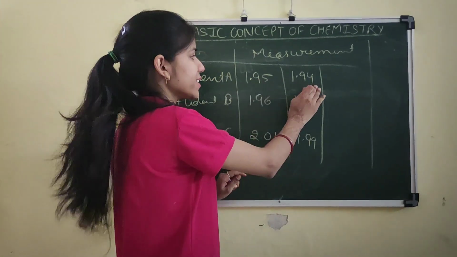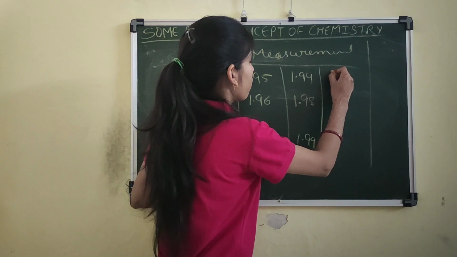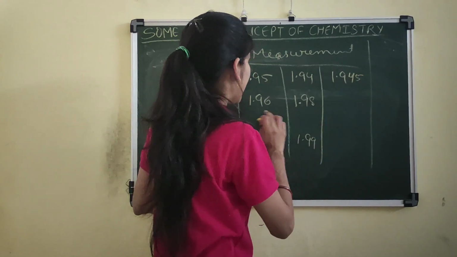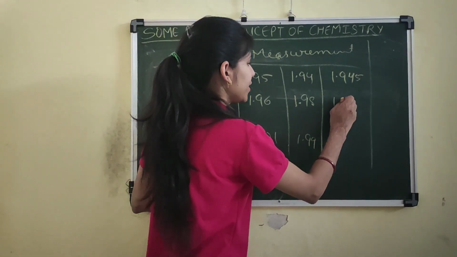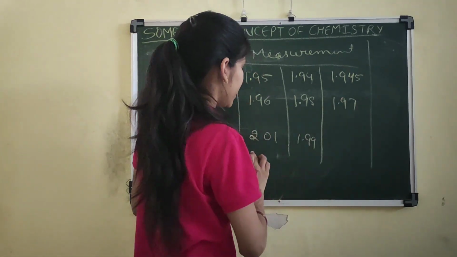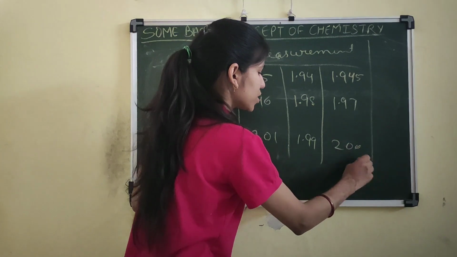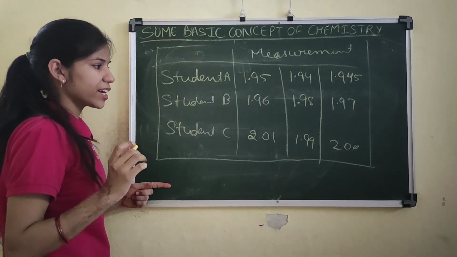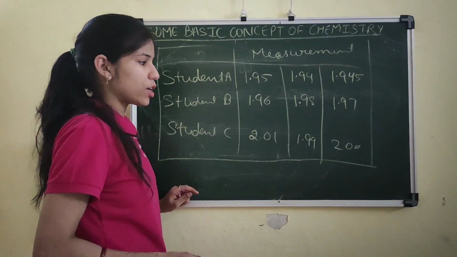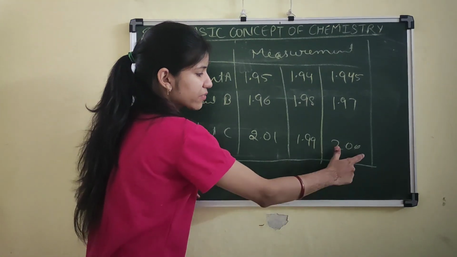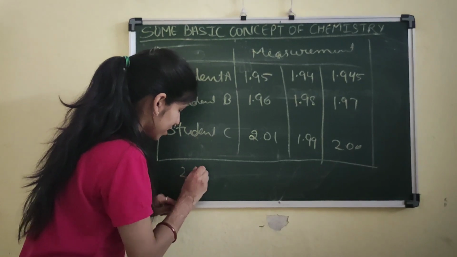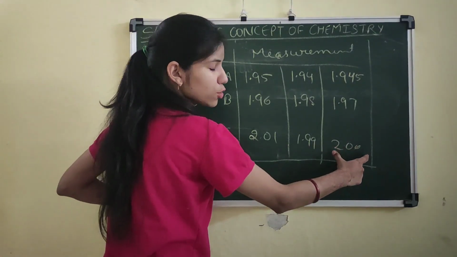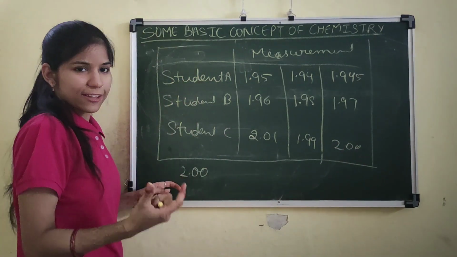So we find the average values, which are 1.945, 1.97 and 2.00. If the correct value is 2.00, then we say that student C has the correct average value and this is the correct answer.